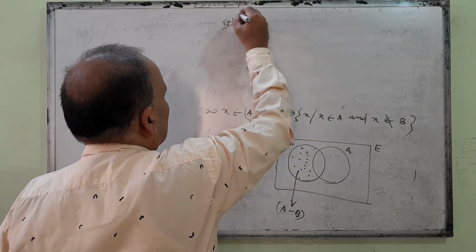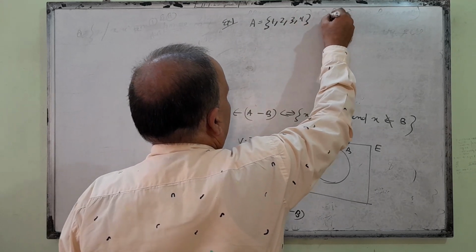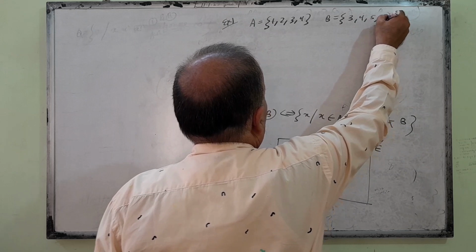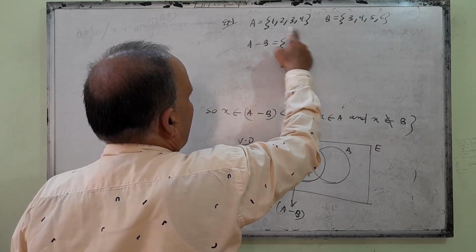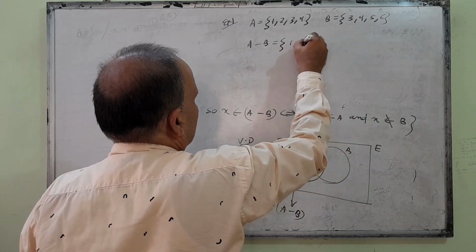Example 1: suppose A is equal to {1, 2, 3, 4} and B is equal to {3, 4, 5, 6}. So A difference B: from A, 3 and 4 are gone. So this is {1, 2}.